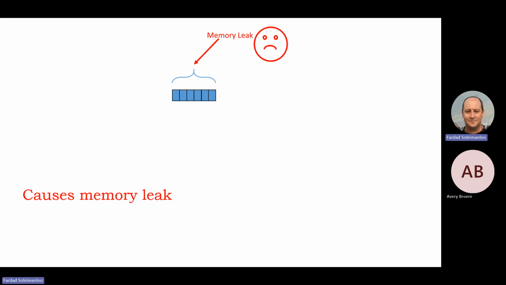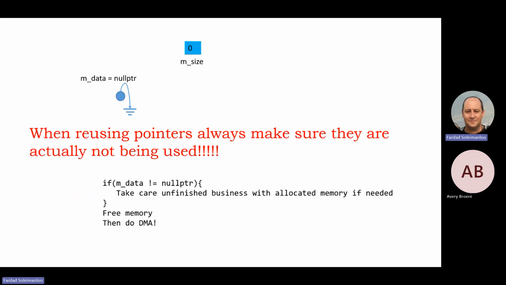And when you are reusing the pointer, always make sure that the memory is not actually being used. So for deleting, you don't need to check for null to delete. What I'm saying is that if you are reassigning it, make sure if there is any unfinished business with the data, you do it and then you delete it.